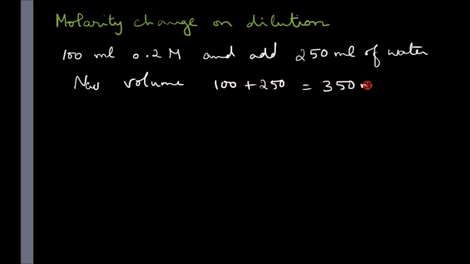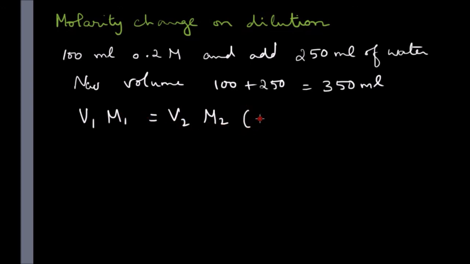So there is a very simple formula for that. We will write it as V1 M1, that is before dilution of the solution, is equal to V2 M2. Volume and molarity before dilution and volume and molarity of the solution after dilution.